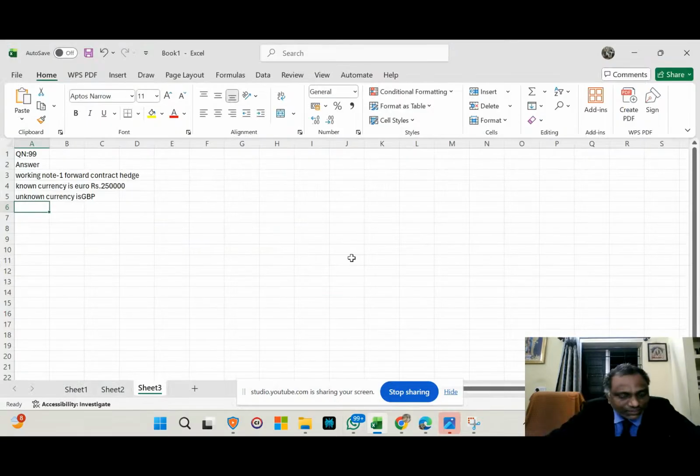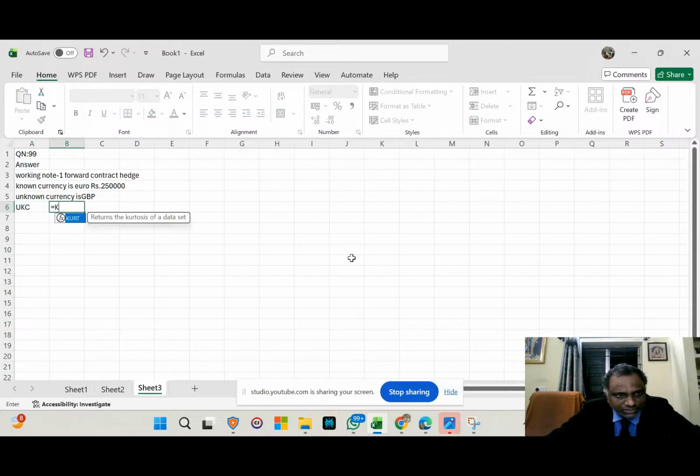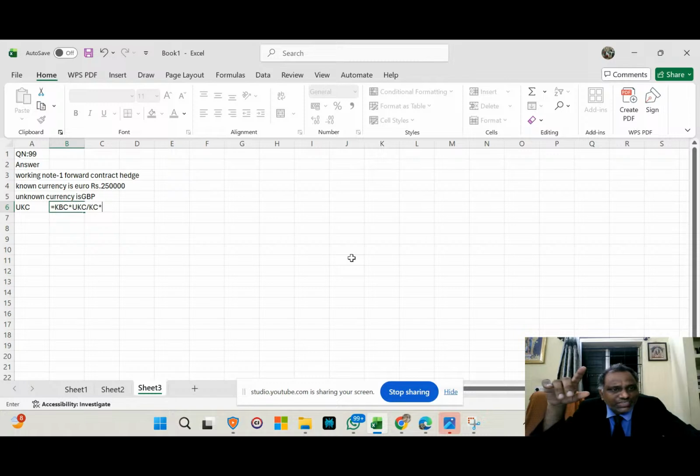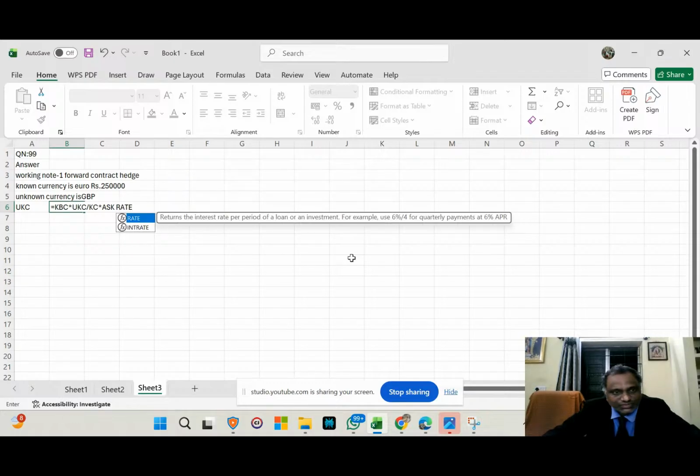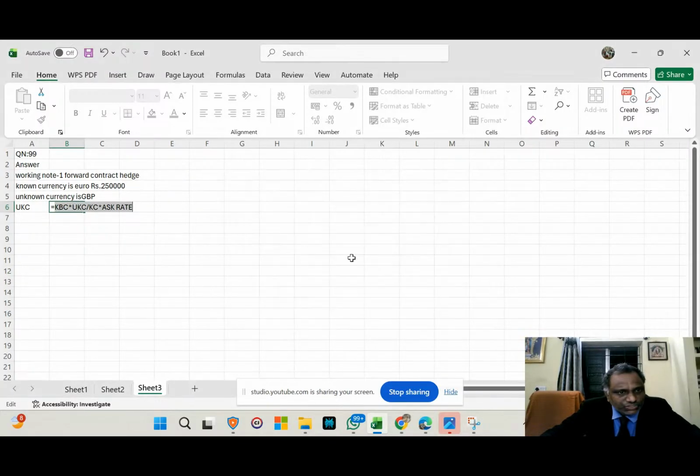So that's called: unknown currency is equal to known currency into unknown currency divided by known currency into what we need to do here. Here we need to use the ask rate. This is what the question asks, my friends.